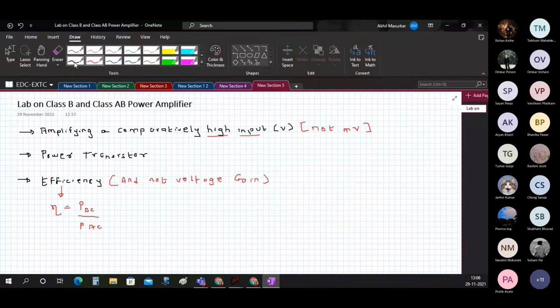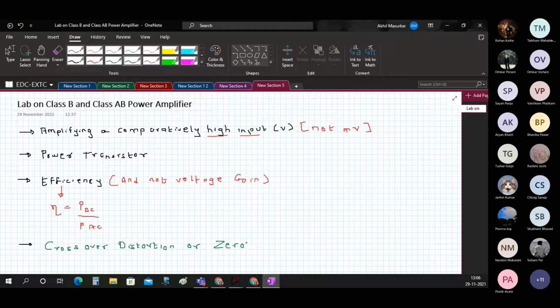And here we have the fourth point, there is a problem of something called crossover distortion, or we say zero crossover distortion.